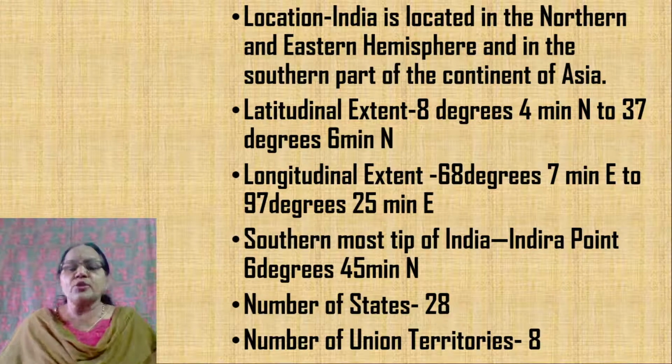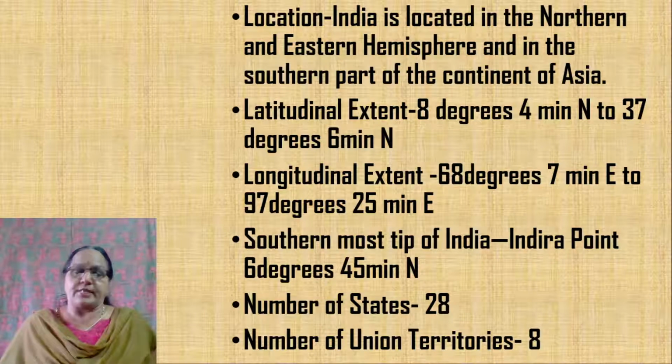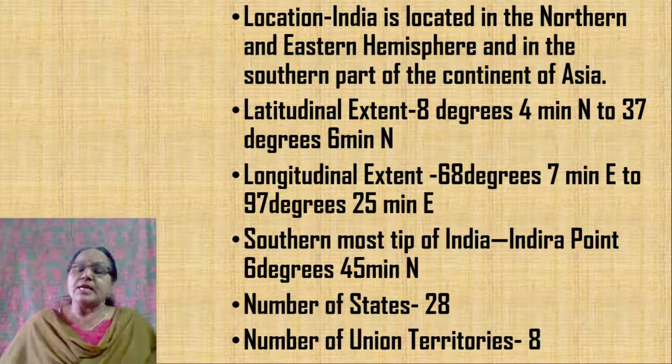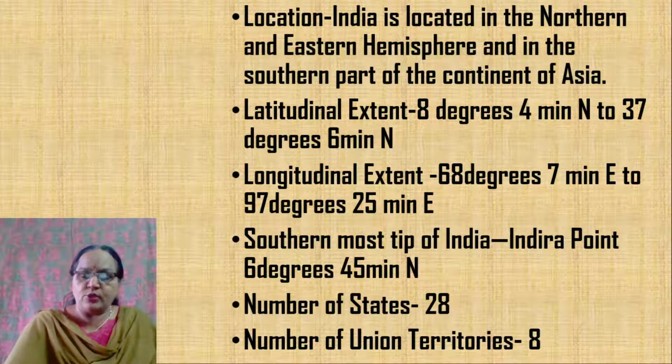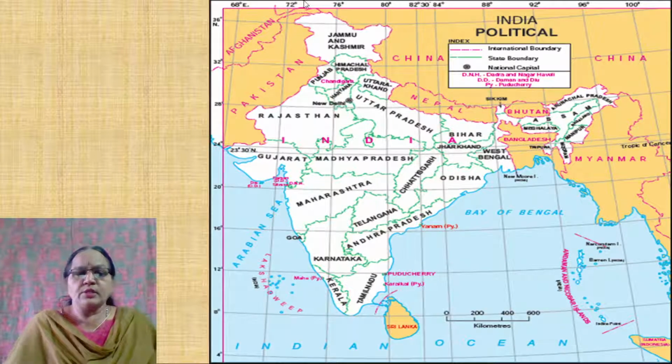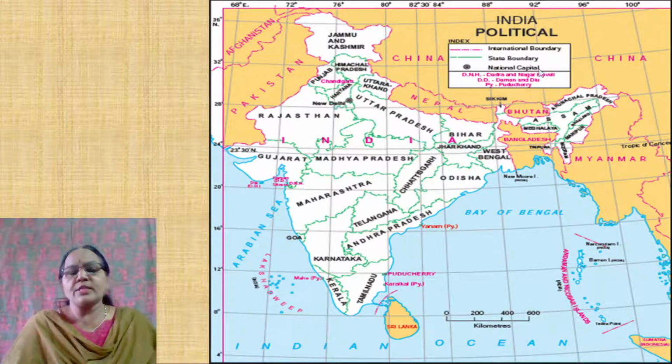Now, let's come to its longitudinal, before that, latitudinal extent. Its latitudinal extent is 8 degrees 4 minutes north to 37 degrees 6 minutes north. Okay, so look at this latitudinal extent of India. Okay, so this is the, what are these lines?